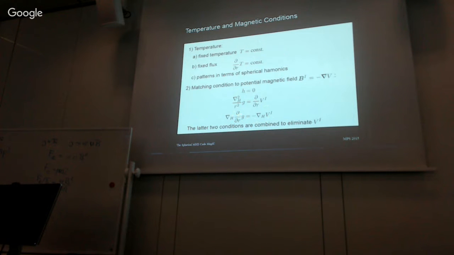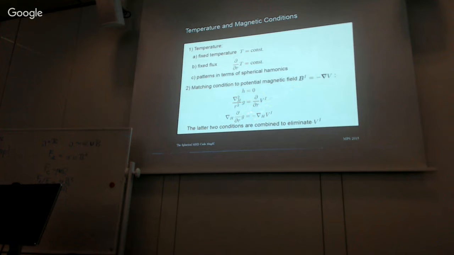Now, what you can do is, since you have these two conditions you have to fulfill, you can see that you can actually combine them so that E drops out. Can you imagine that? There are two conditions for E. If you know a little bit about potential solutions, you can combine them in such a way that E drops out.